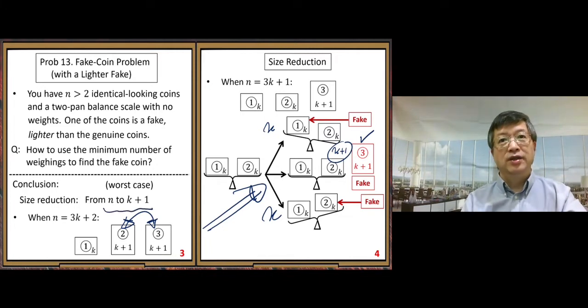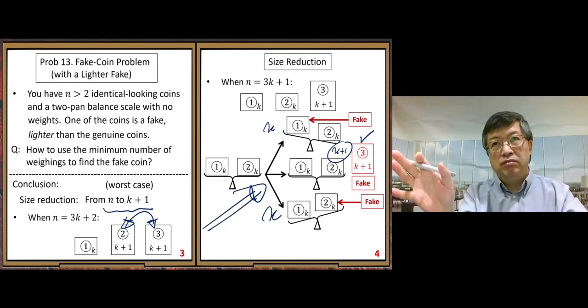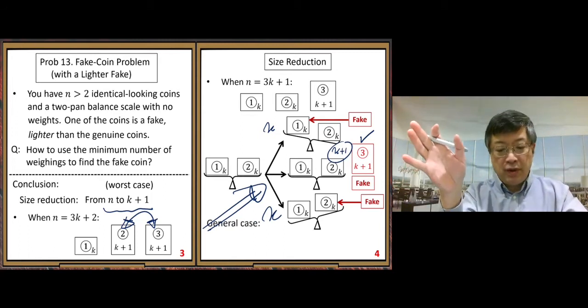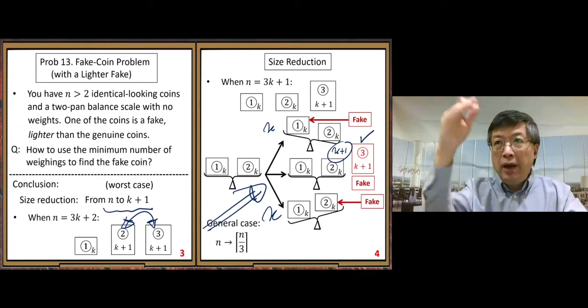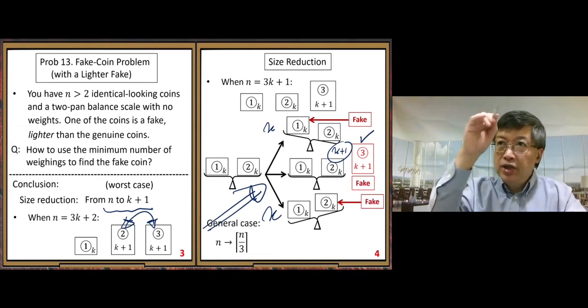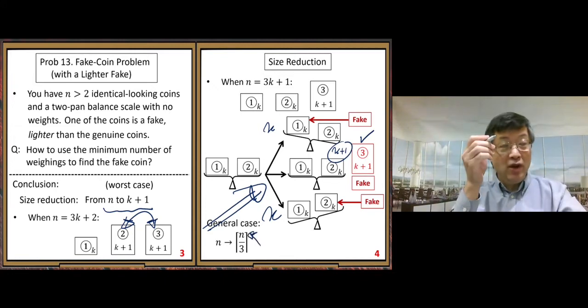So let us make our general size reduction description. That's from n to the ceiling of n over 3, the ceiling function, k plus 1.